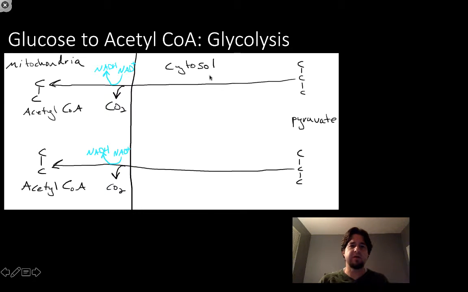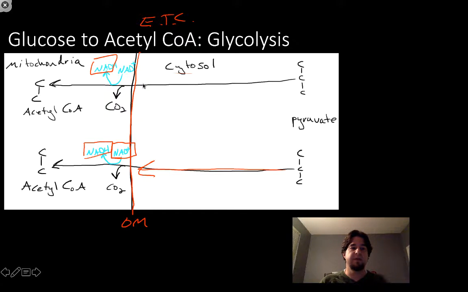So remember, glycolysis happened outside of the mitochondria, in the cytosol, and if this line right here represents the outer membrane of the mitochondria, as pyruvate goes in to enter the mitochondria through the outer membrane, we see this wonderful Uber driver right out here, NAD plus, to come in and take the electrons and hydrogen to form NADH, right? 2 of them. And those NADHs, just like in glycolysis, are going to head over to the electron transport chain to drop off the electrons and hydrogen there.